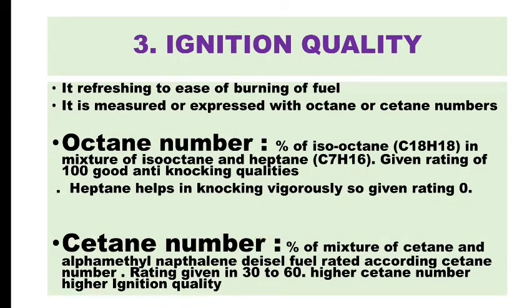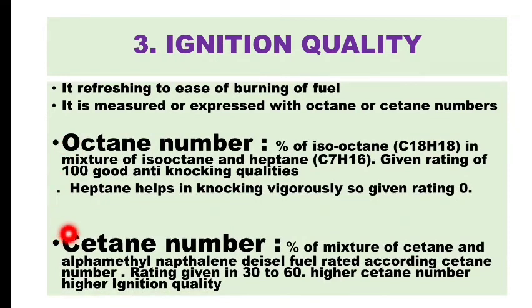So this was about octane and cetane number. The points that should be remembered are that the octane number is the percentage of isooctane, whereas the cetane number is the percentage of cetane and alpha methyl naphthalene in diesel fuel. The octane number is rated about 100 for good anti-knocking qualities, while if heptane is vigorously present, then the rating given is 0, which helps in knocking.